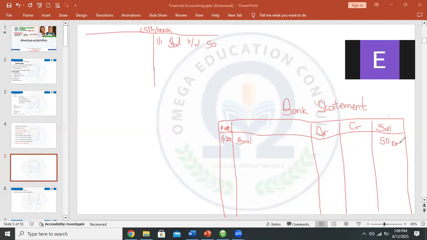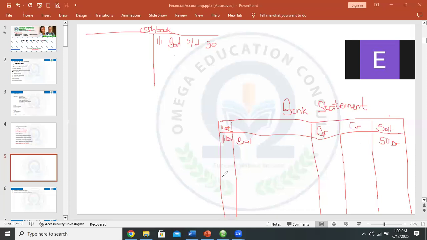So note that a bank overdraft is when your cash book is giving you a credit balance and your bank statement is giving you a debit balance. But I told you that sometimes they can represent this debit differently.